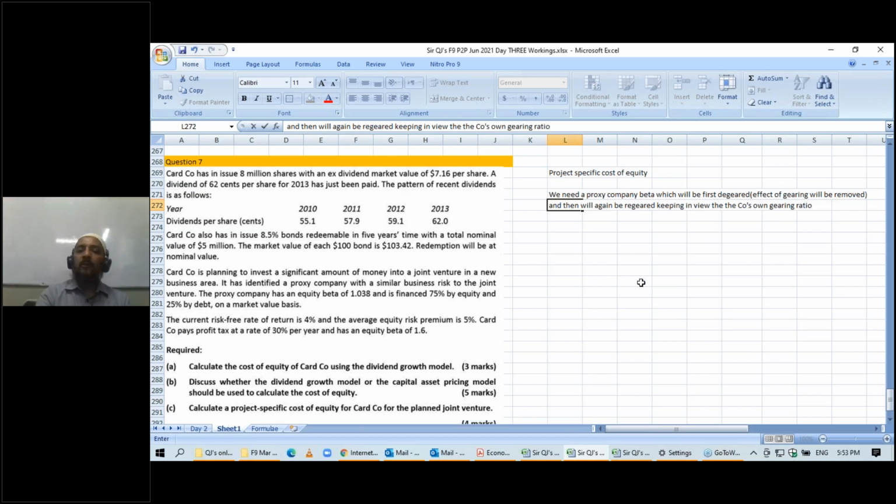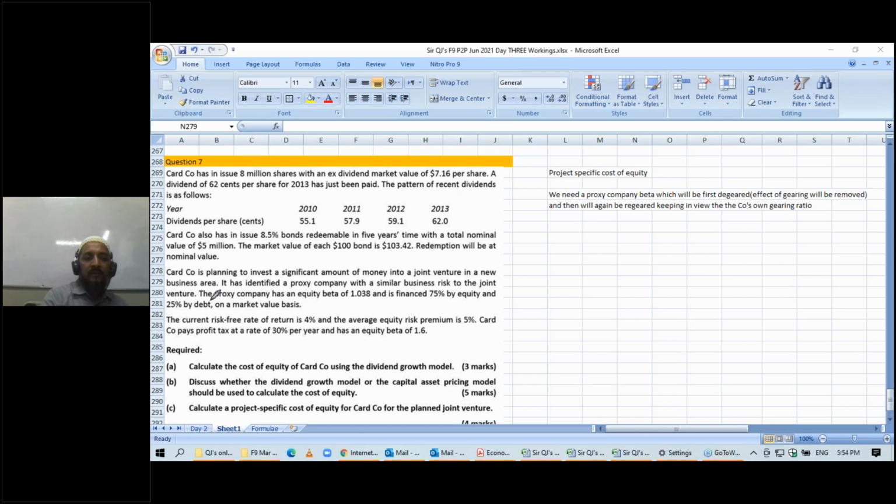Okay, in calculating the project specific cost of equity, you have been given, remember the discussion I did earlier, that the betas of two industries will not be the same because the businesses are different.